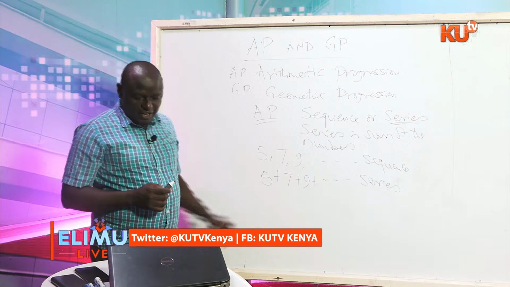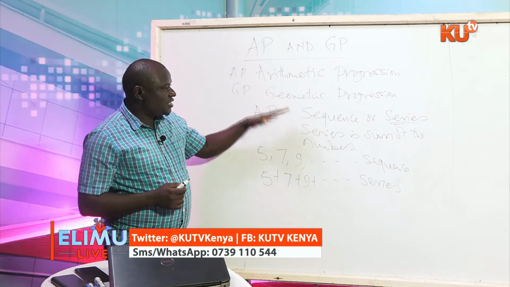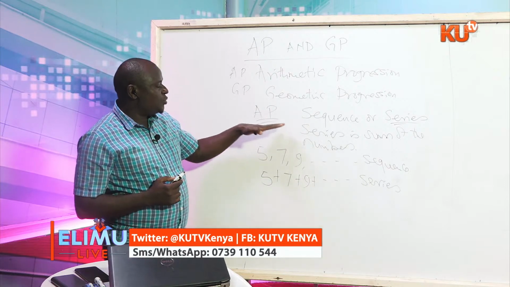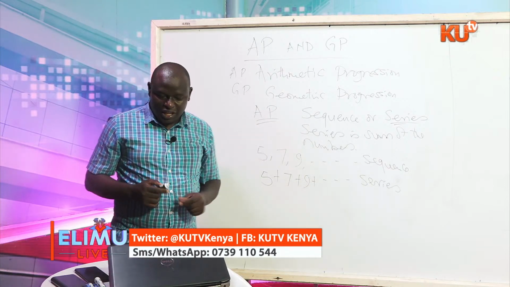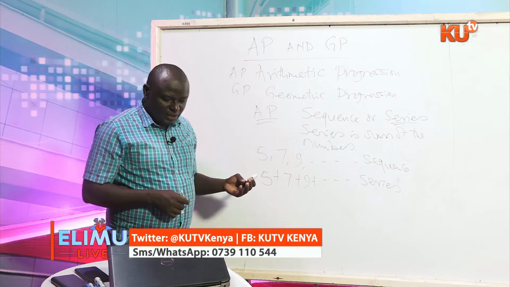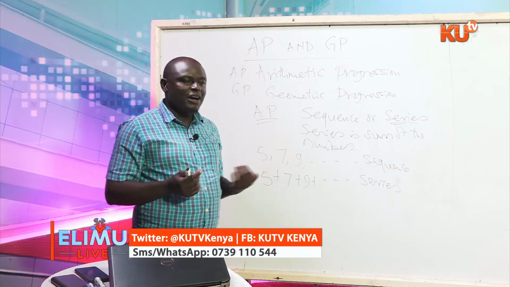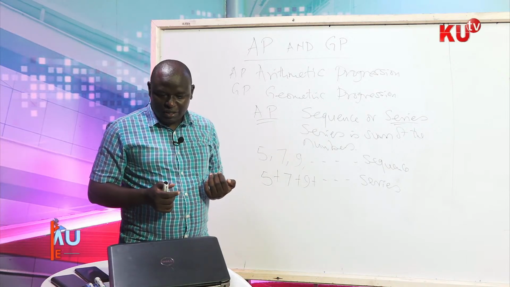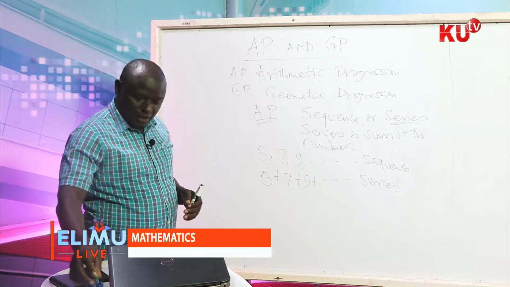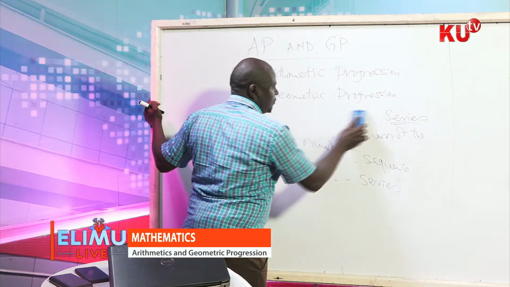Now, having differentiated between a sequence and a series, we want to focus more on AP, or what we are calling arithmetic progression. I think I should bring both back to back. We bring a comparison, and then from there we can focus individually on each of them.